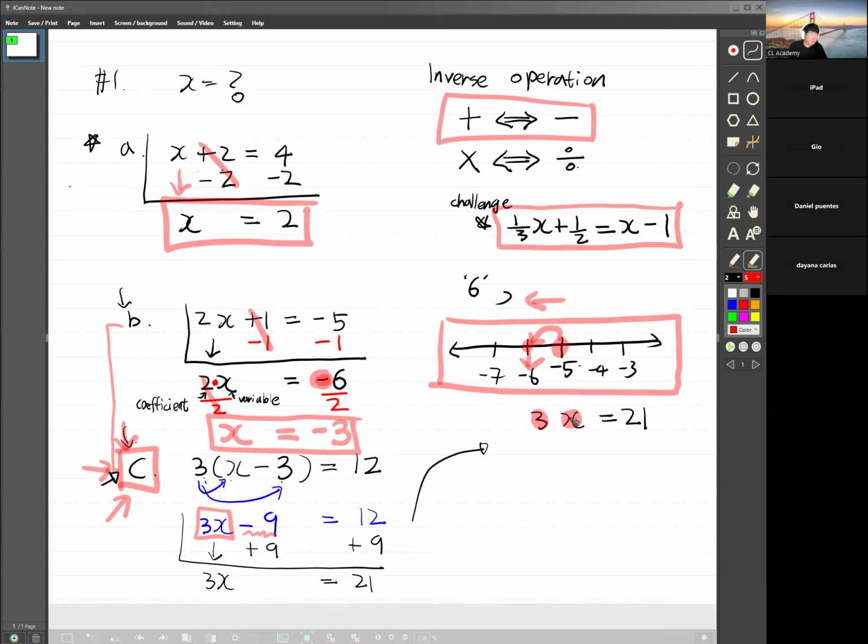That's the variable. What's the operation between them? Multiplication. So what's the inverse of multiplication? Division. So we divide by 3. Gio, I think you got it up to here, and then you said 21. So x equals 7.